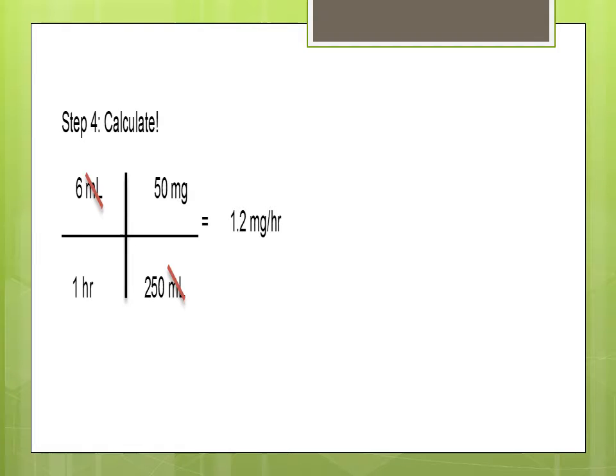Step 4, calculate. At a rate of 6 milliliters per hour and using this supply factor, we find out that the patient is receiving 1.2 milligrams per hour of medication.